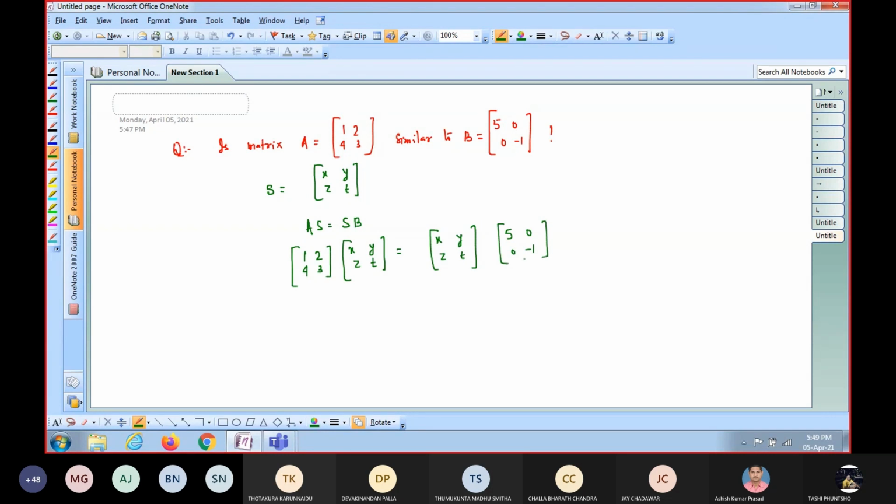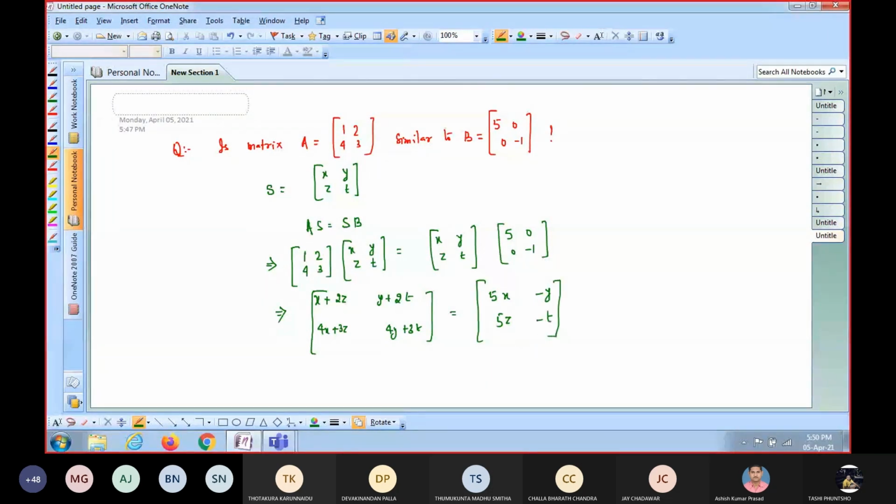Right? Now, let us multiply. The left side gives x plus 2z, y plus 2t, and 4x plus 3z, 4y plus 3t. Multiply the right hand side: this is 5x, minus y, and then 5z and minus t.